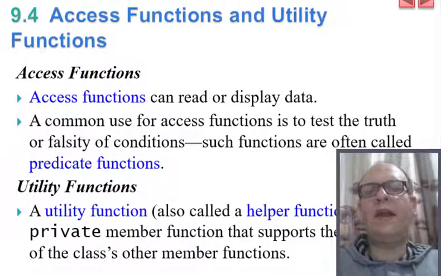Now we will discuss access functions and utility functions. We agreed that inside the class there are data members, recommended to be private, and we can add member functions to access these data members.